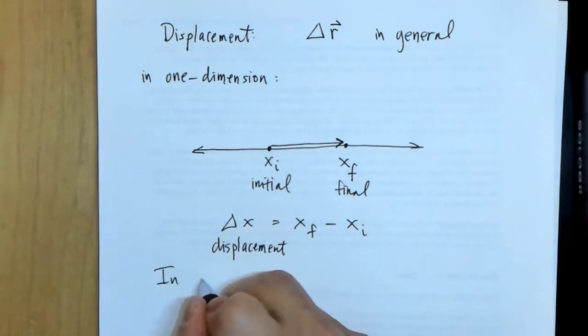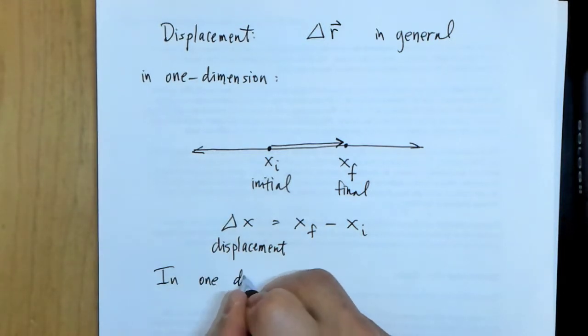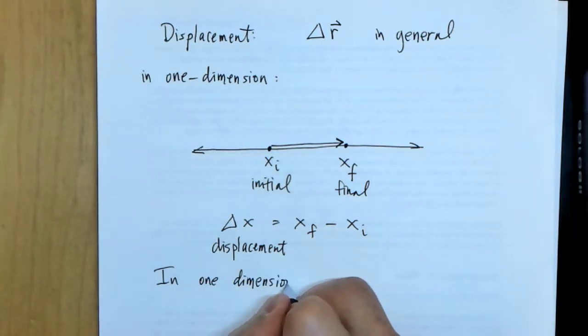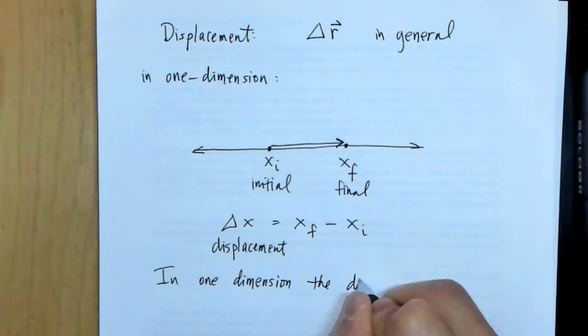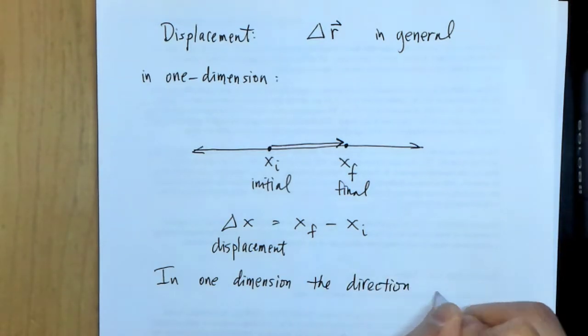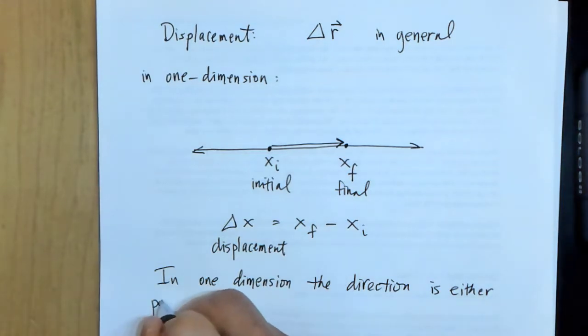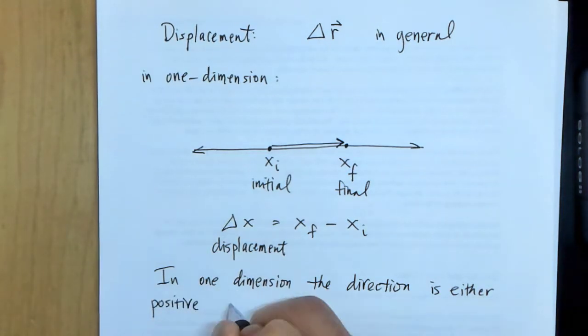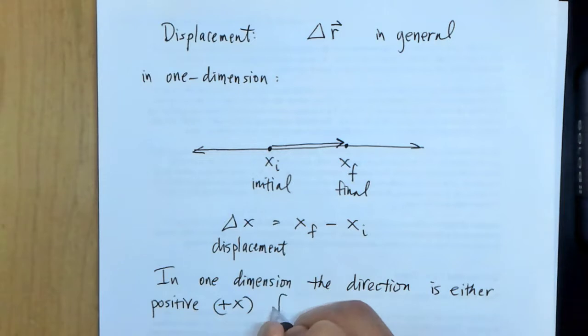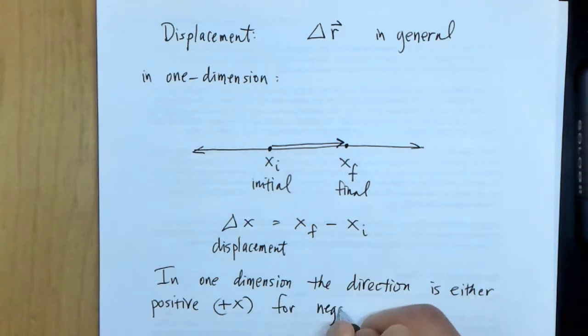In one dimension, the direction is either plus x or minus x.